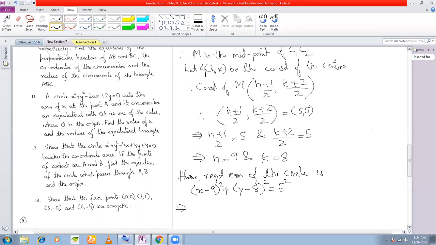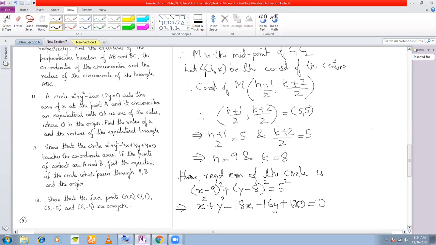If you want, you can express this in general form: expand (x minus 9) whole square, expand (y minus 8) whole square, simplify a little, and take everything to the left hand side. You will get x square plus y square minus 18x minus 16y plus 120 is equal to 0.